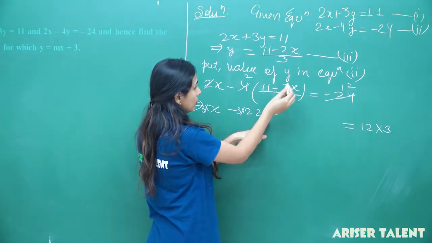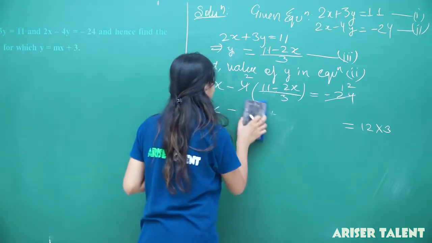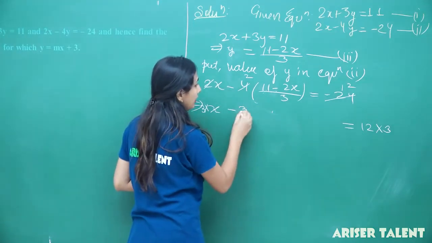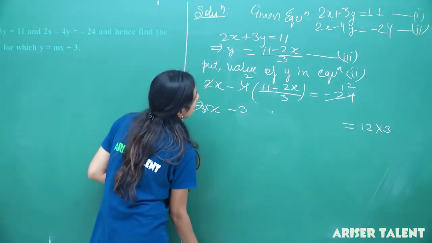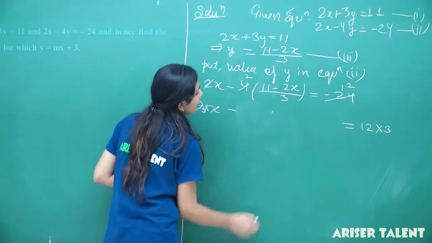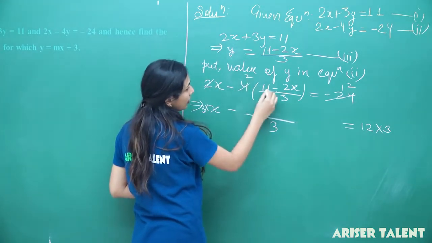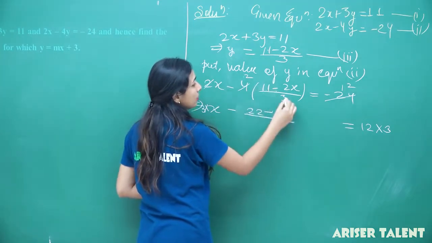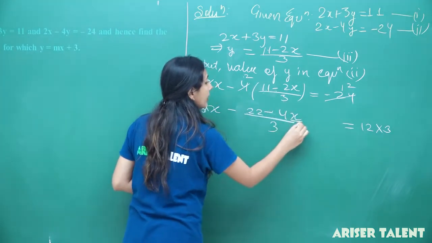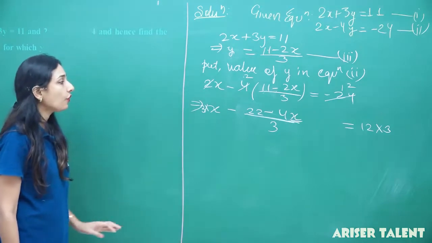Right. So can I do one thing? I can just have this 3 here. So that will be 22 minus 4x.